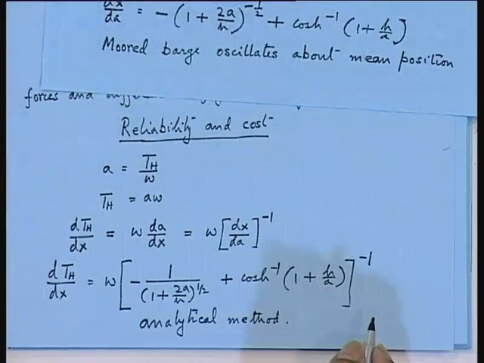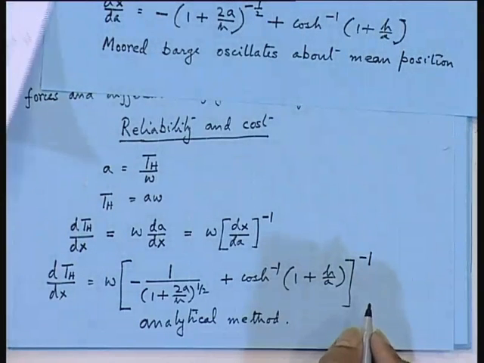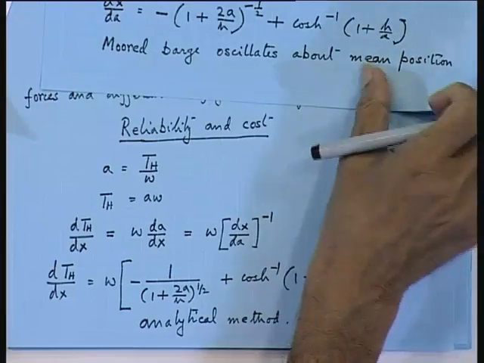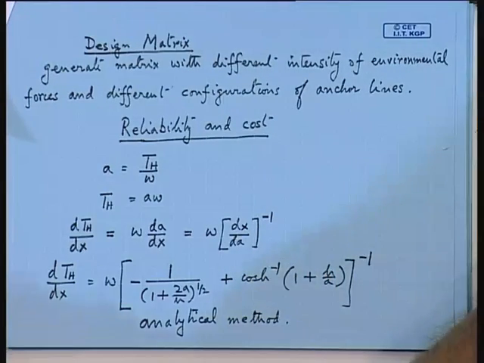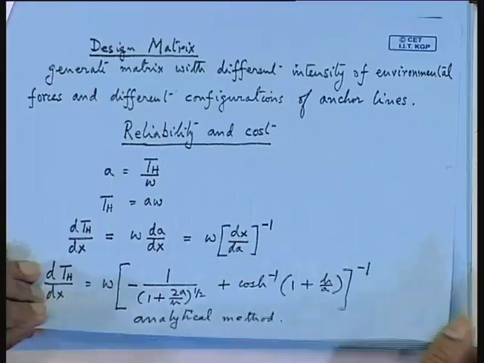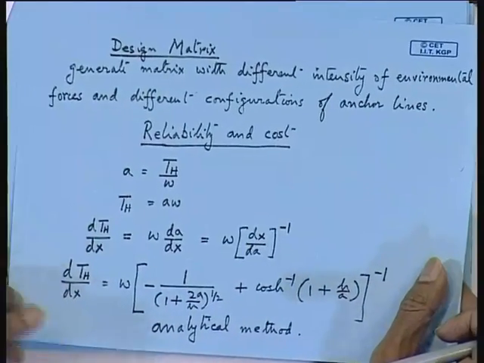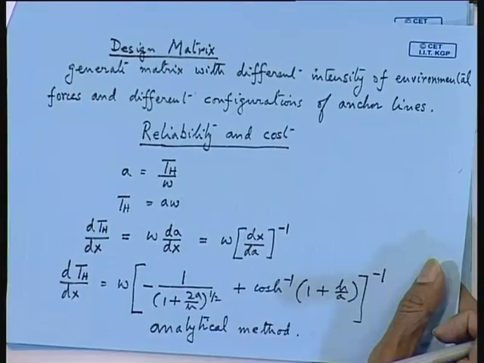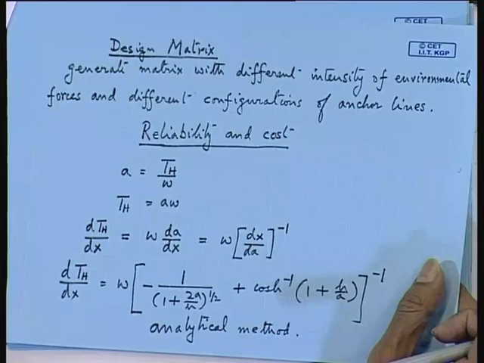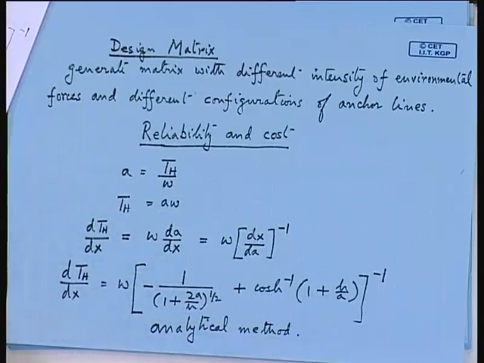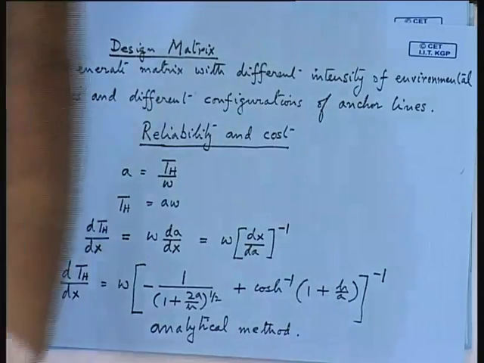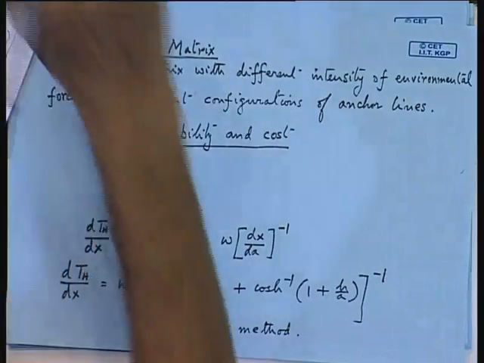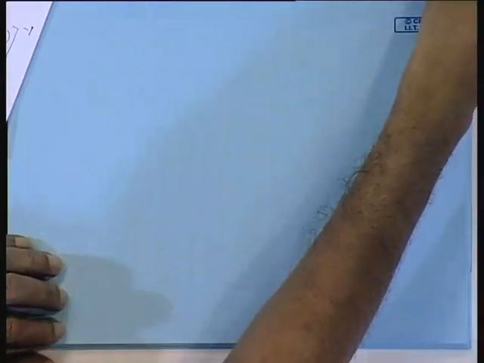Now where to use this expression? Now what is the value of TH? So TH you have to find out. There will be two terms for TH. One is a mean value. Next we have to formulate the equation for TH.